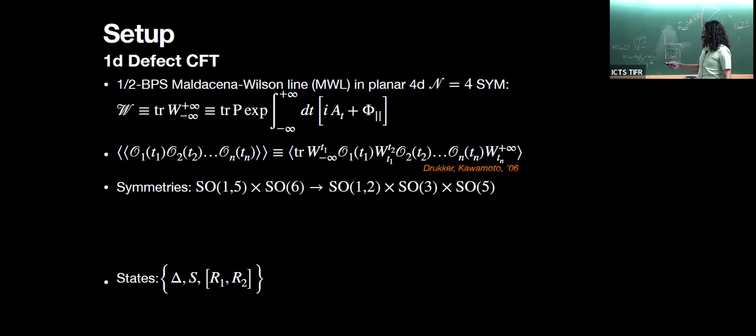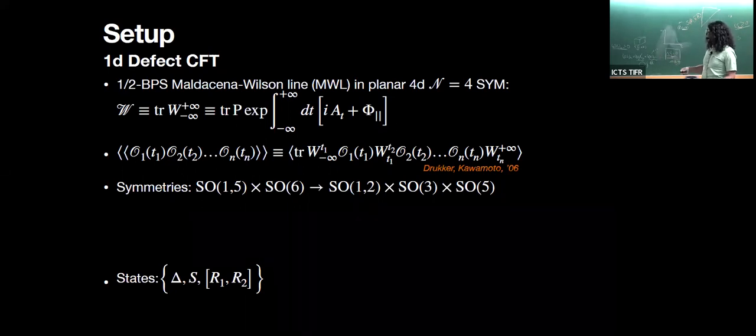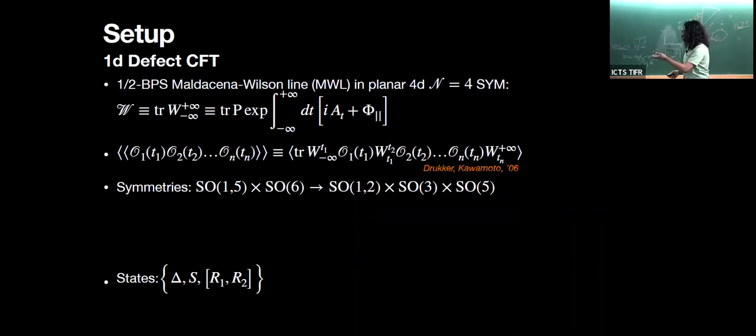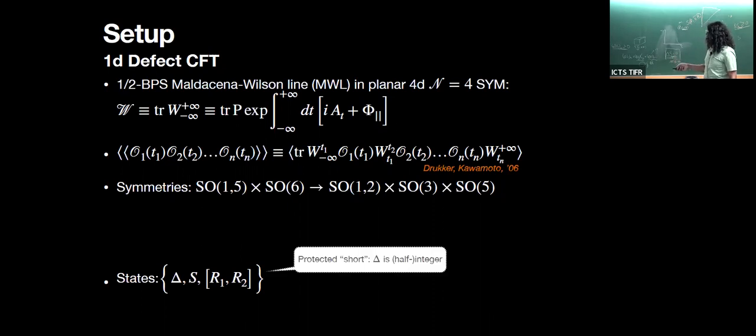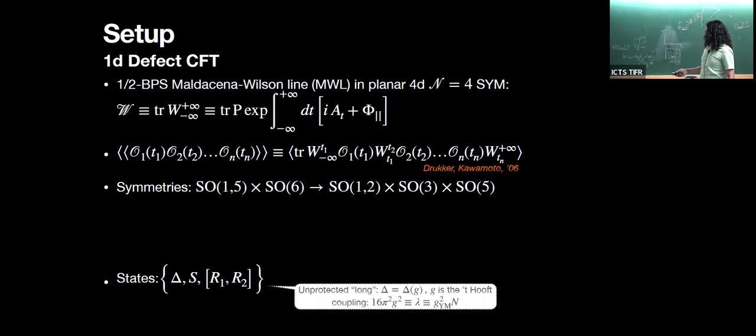As this is a defect superconformal field theory, there are two types of states. You have short operators, protected operators whose dimension is integer or half integer. And you have unprotected long operators whose dimension is in general a non-trivial function of the 't Hooft coupling.